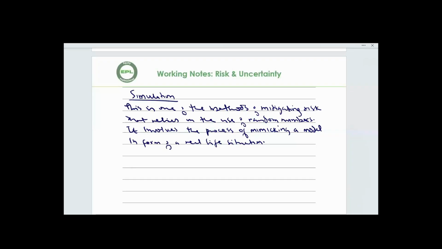But the bottom line is that when you talk about simulation, when you are mimicking a model in form of a real life situation, that means you are simulating. Now, the examiner can ask you to compute expected NPV using the simulation method.